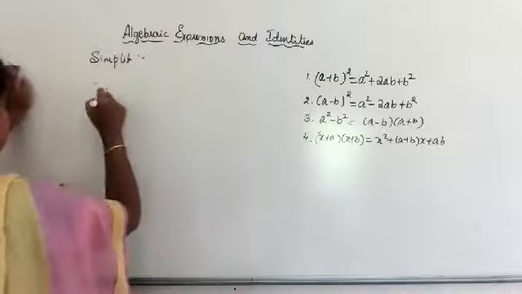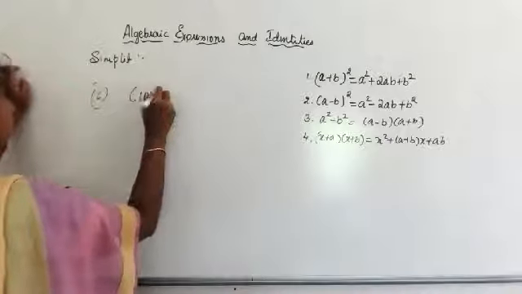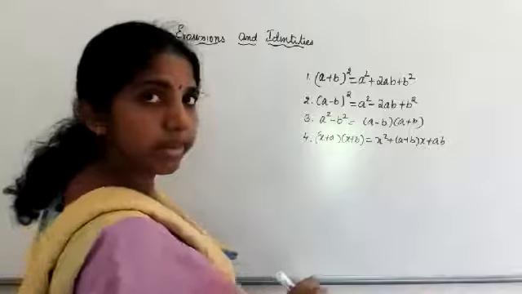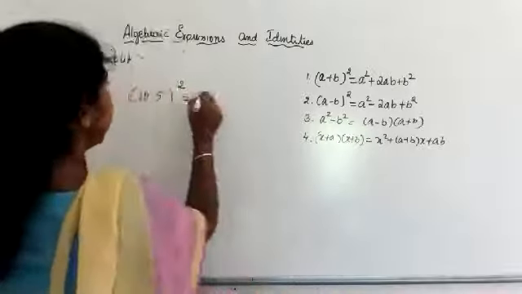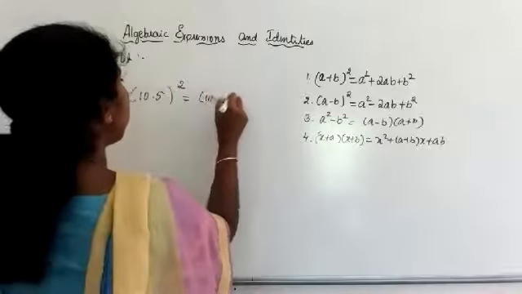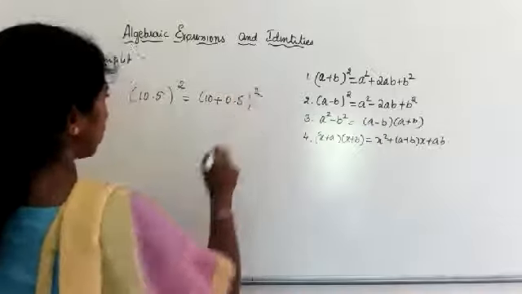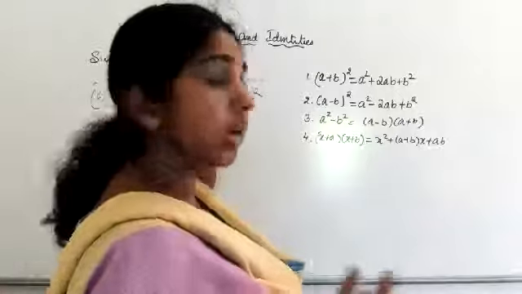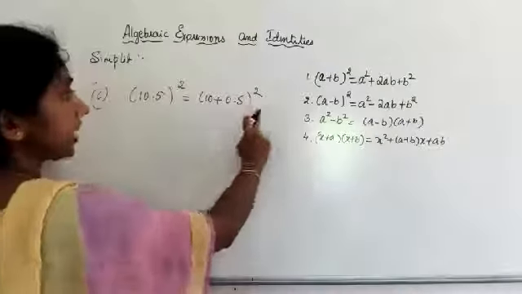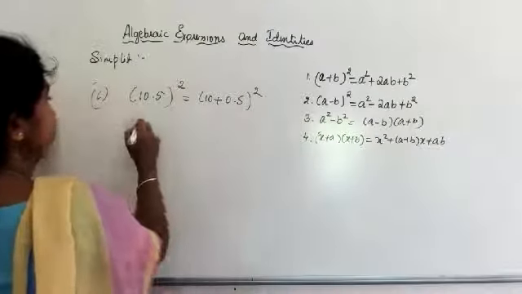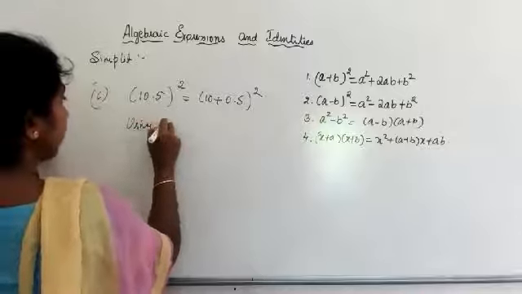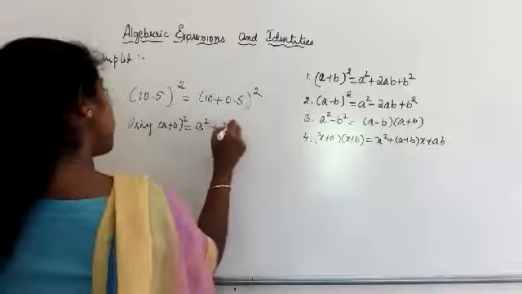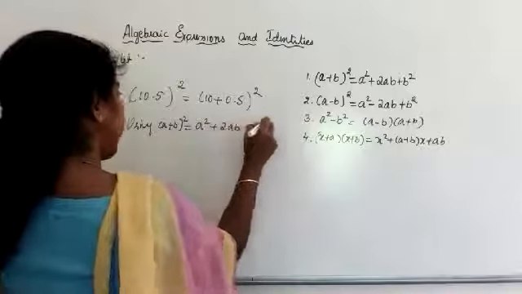Next we see 10.5 the whole square. So 10.5 the whole square can be written as 10 plus 0.5 the whole square. Which identity here? Of course, the first identity, using a plus b the whole square, which is a square plus 2ab plus b square.